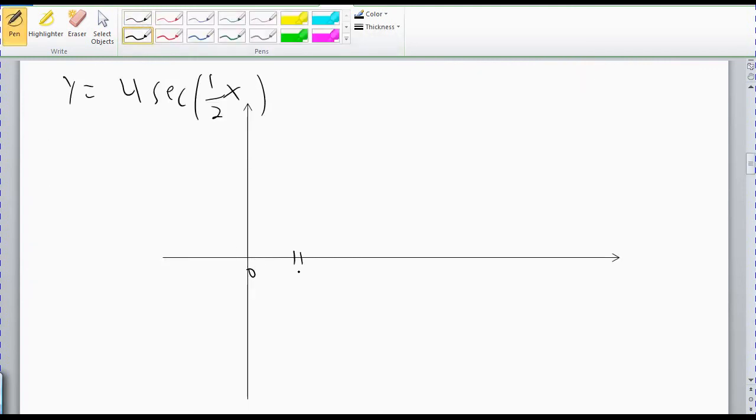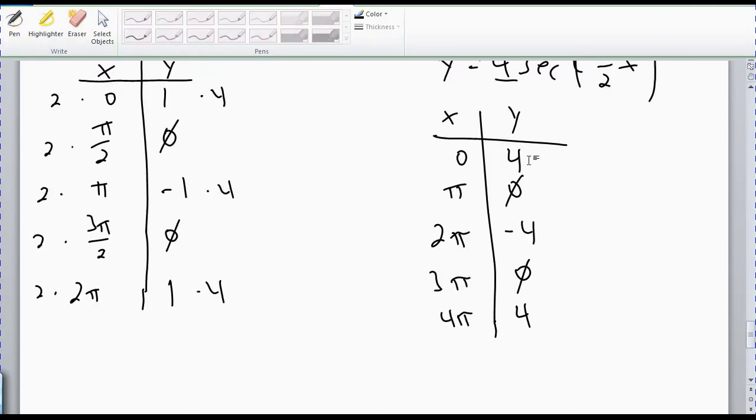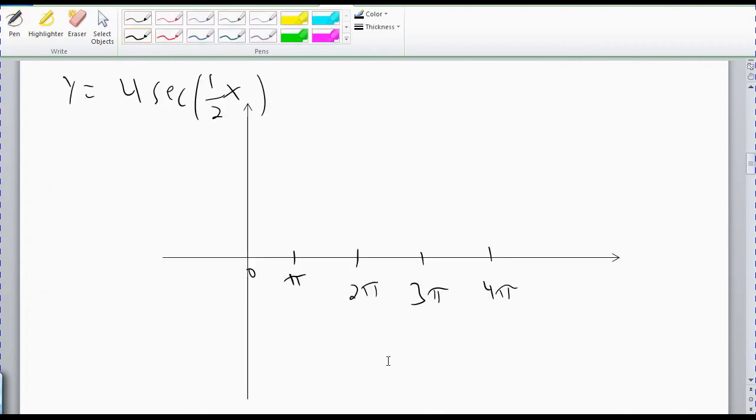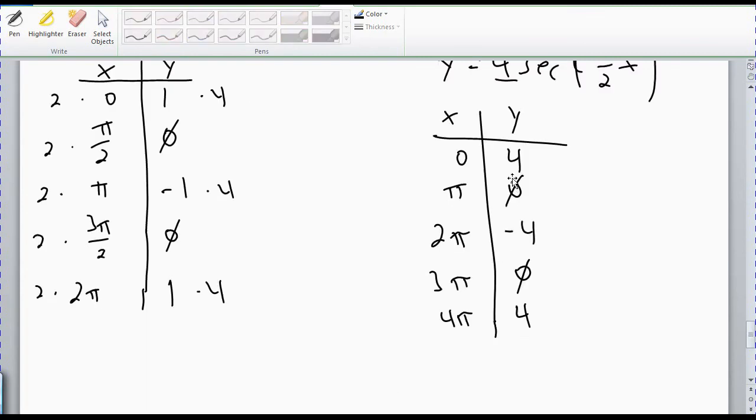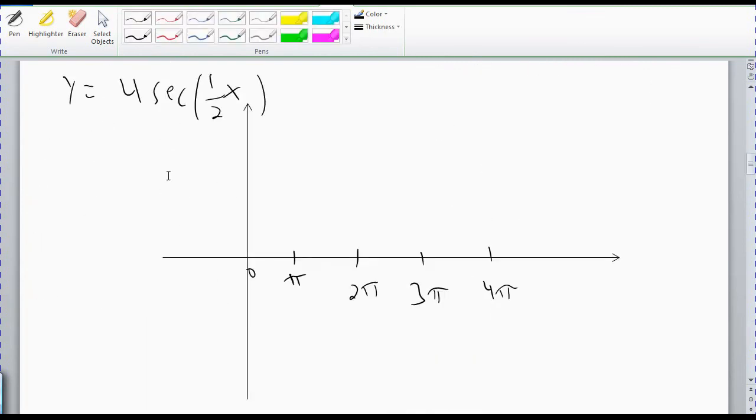And what are the numbers we have? 4, negative 4, 4. These were asymptotes.